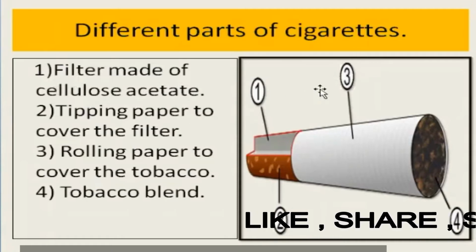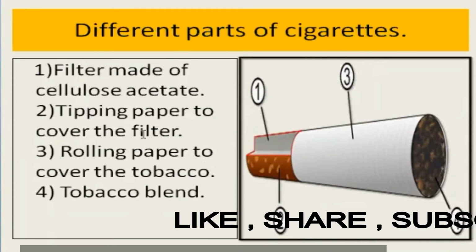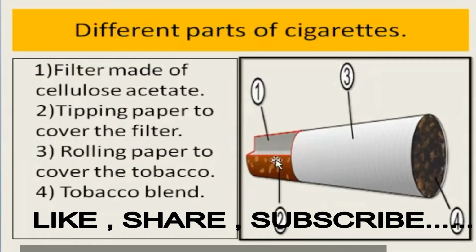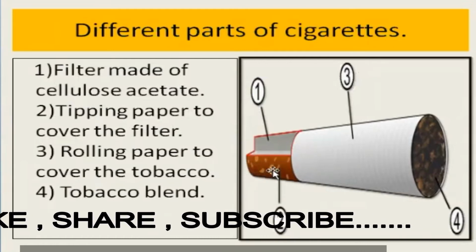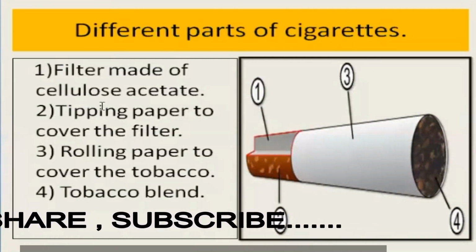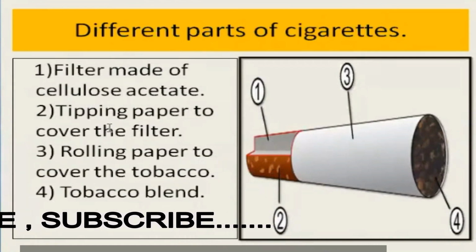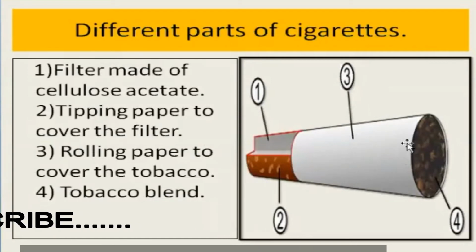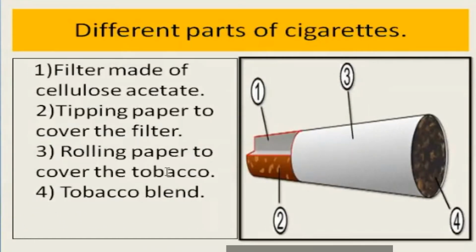The next one, point number 2, you can see over here, tipping paper to cover the filter. So this one is the tipping paper I am talking about. This will help you to cover the filter. The third one is definitely white color paper, which is known as your rolling paper to cover the tobacco.